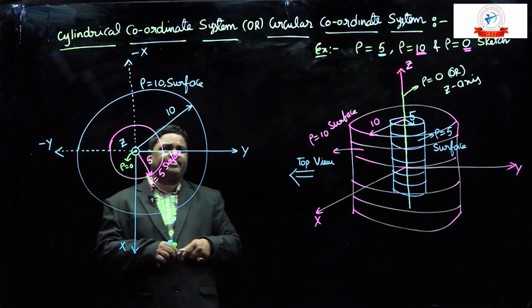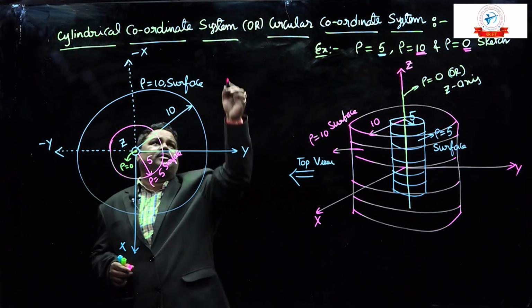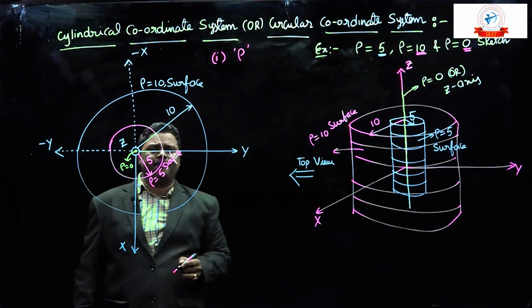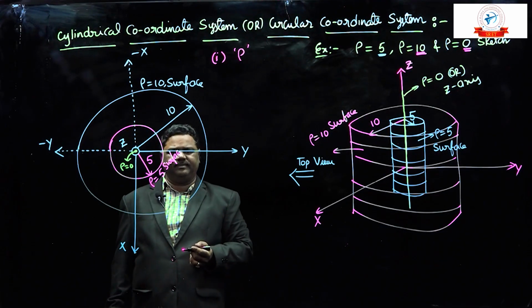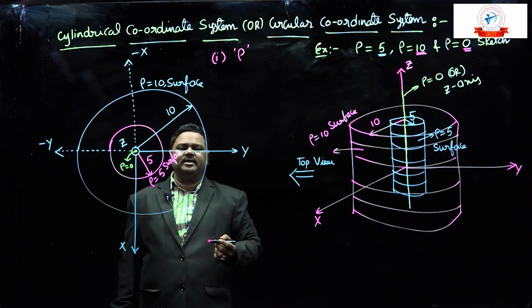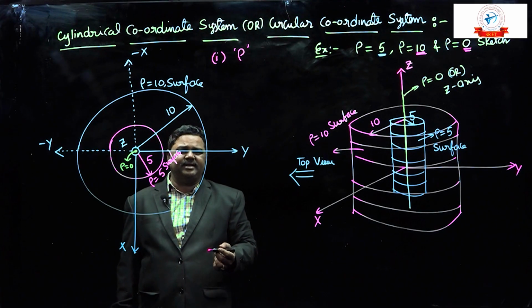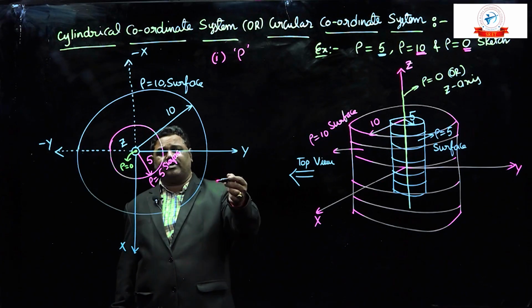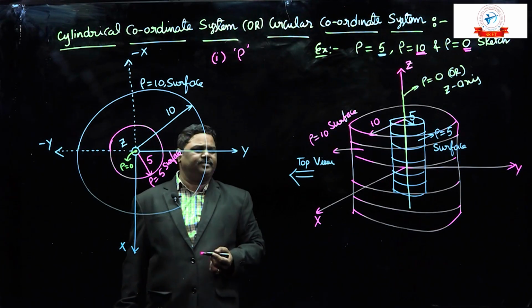The first and very important point is: what is rho? Generally you say that rho is the radius of the cylinder. But what is the reference for measuring the cylinder radius? We measure the cylinder radius starting from which location?